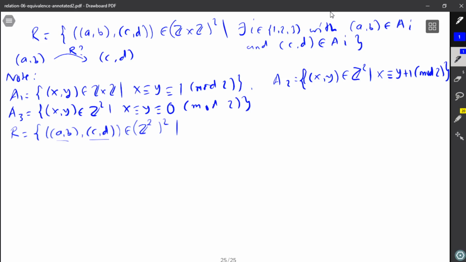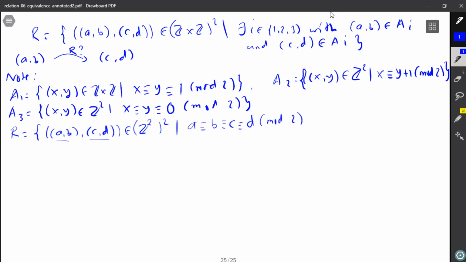In the case of A1 and A3, we could actually combine the condition together. So essentially, if a is equivalent to b is equivalent to c is equivalent to d mod 2. Now this captures both conditions, because if a is congruent to b is congruent to c is congruent to d, and they are all congruent to 1 modulo 2, then both pairs belong to A1.